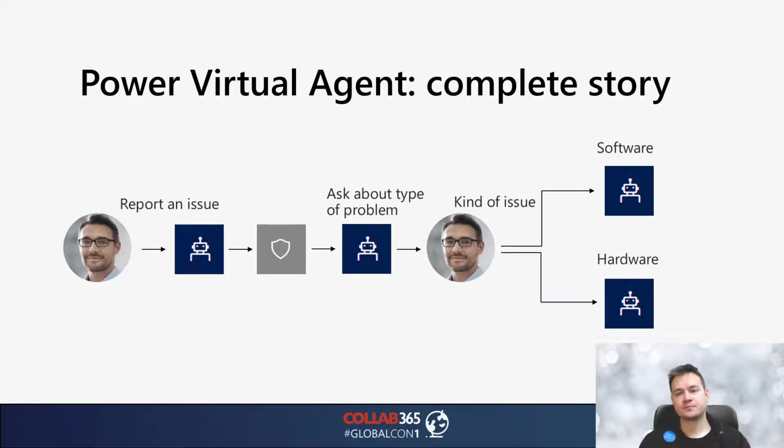First, when an employee attempts to talk to the bot, it asks them to authenticate so that it will know their context, and then the bot asks about the problem. The user describes what the issue is, and then the bot asks what kind of issue it is, whether it is a software issue or maybe a hardware issue.